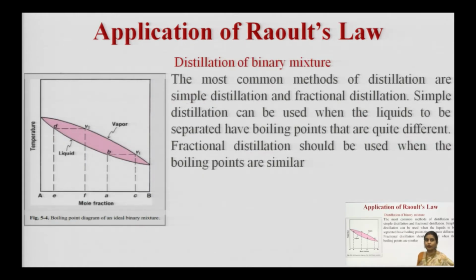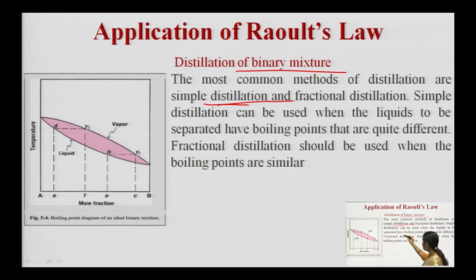So, we can draw this graph to see the distillation of a binary mixture. Mainly simple distillation and fractional distillation take place. Then we have azeotropic distillations and steam distillations. First is simple distillation.